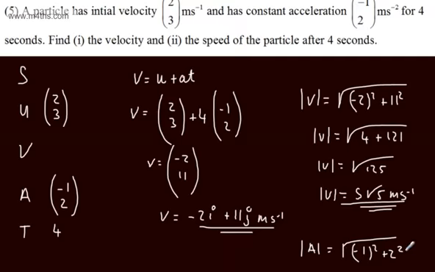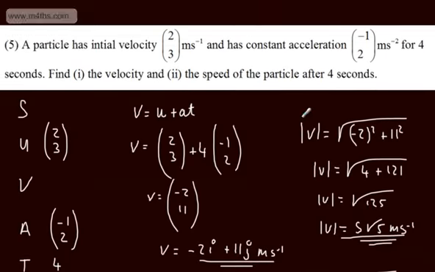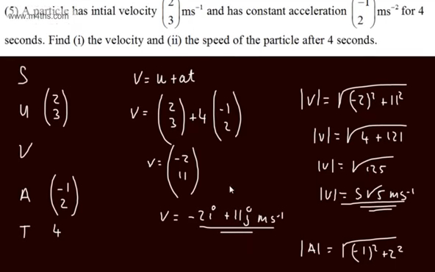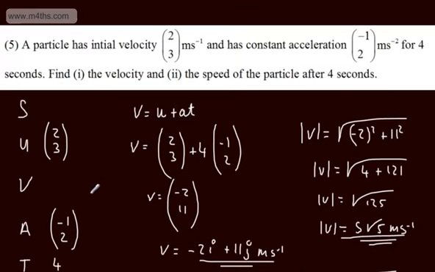So we could say now that the absolute value of the acceleration is going to be, what's that, root 5 meters per second squared. So we can see now acceleration is a vector quantity. When we square root this, we will get a value here which gives the absolute value. So bit of work now with acceleration and velocity.